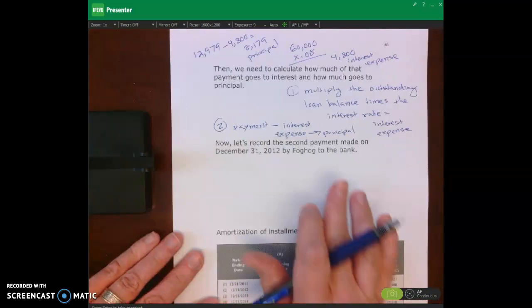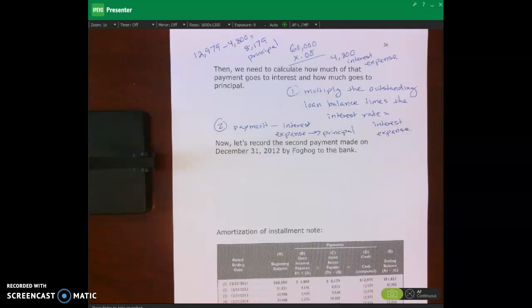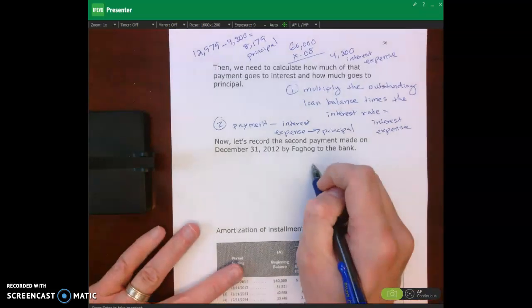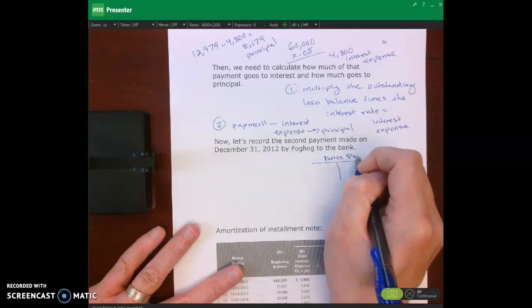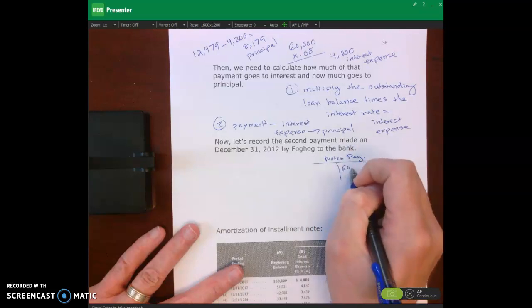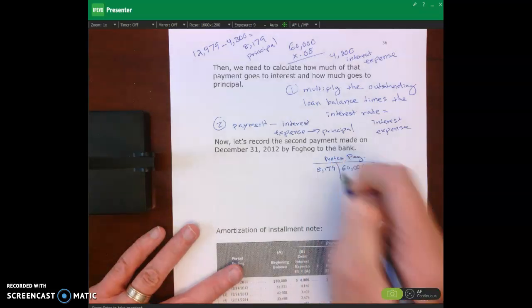So what I want you to do now is to do the second payment, but in order to do that, I'm going to first put you in the right direction. I got my notes payable. So remember, I had that $60,000 right over there, and then I had $8,179 that I debited it.